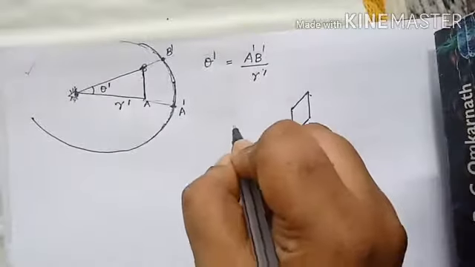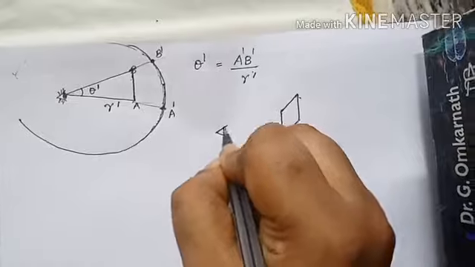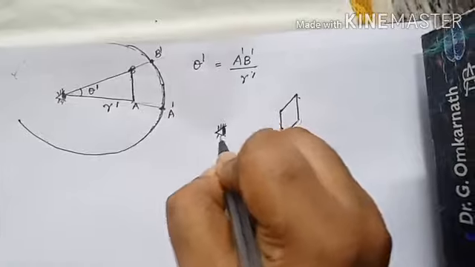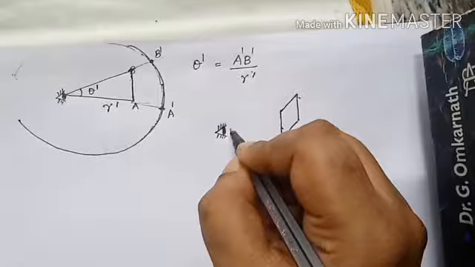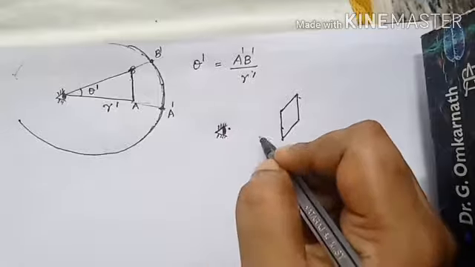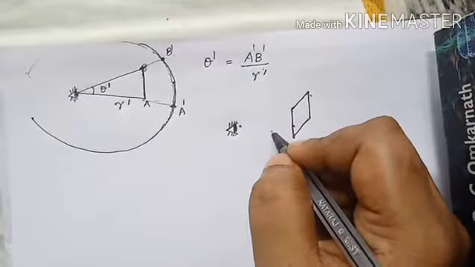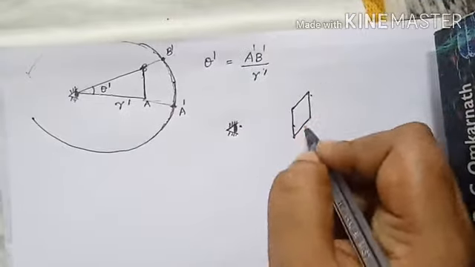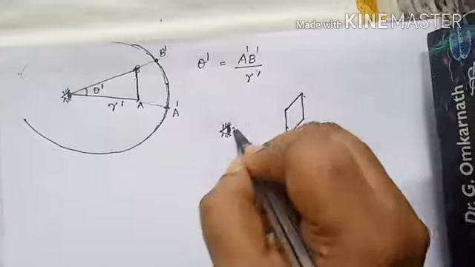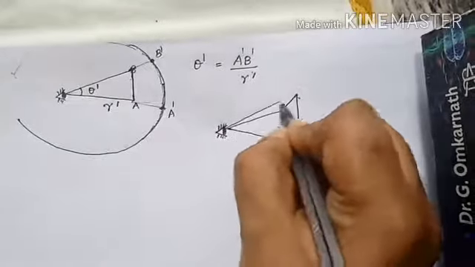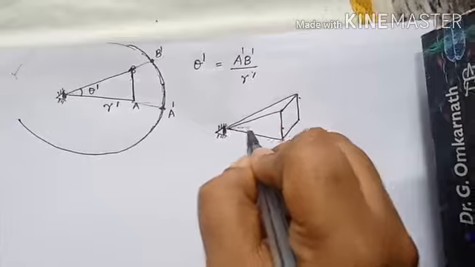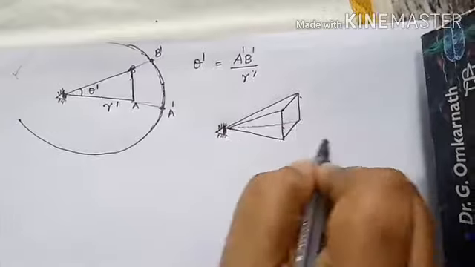Again I have to place my eye. From this point of view, to understand the entire size of this sheet, I have to look at this edge, then this edge, and then this edge also.